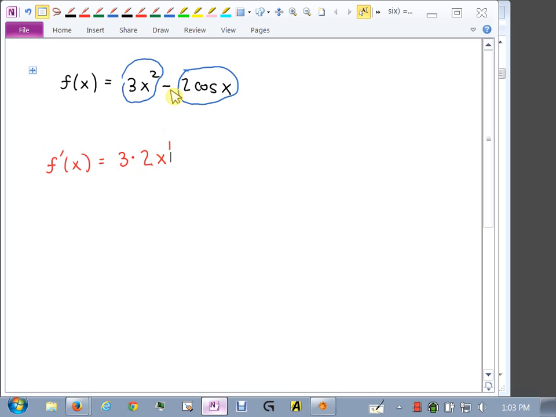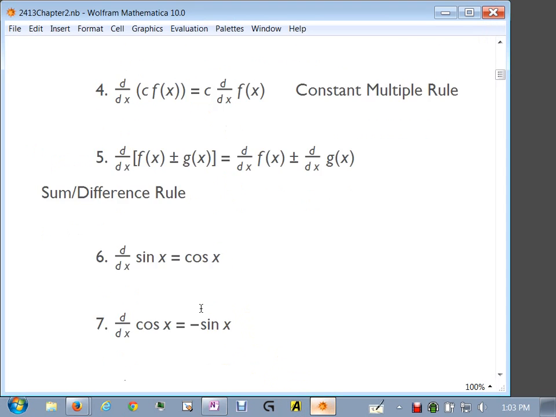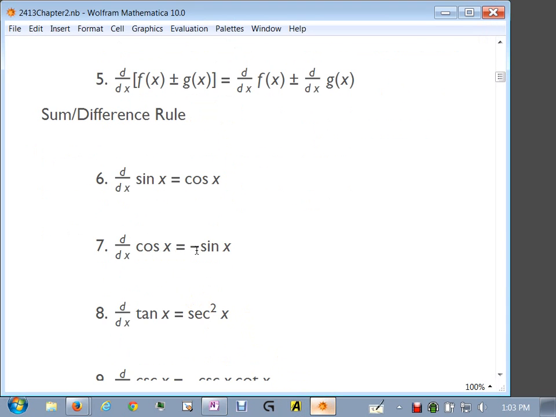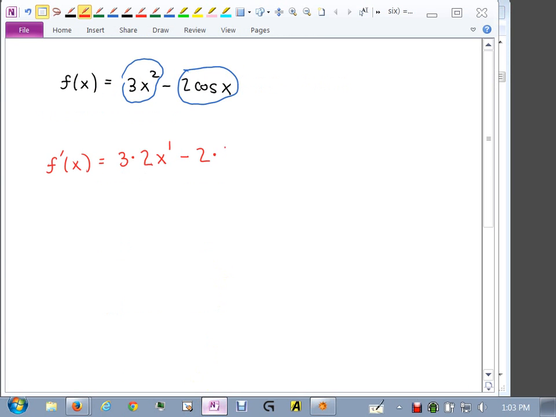Now we have a minus and then a 2. That 2 is attached to a function, so I'm going to bring it down. Minus 2 times, now the derivative of cosine x, which is in your notes. The derivative of cosine x is negative sine x. So I'm going to have times, I'll put it in parentheses, negative sine x.